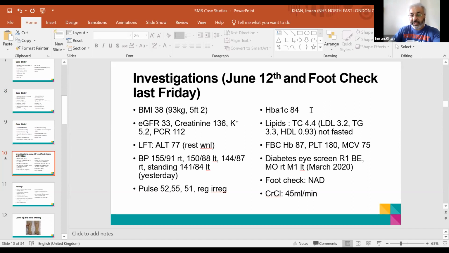If they're not rotating the sites adequately, you get little lumps. So when you inject into the lump, the insulin doesn't come out properly. It can come out too quickly, it can come out slowly. So her levels may be all over the place. So we need to check for lumps on the tummy, if that's where they're injecting, or the thigh, if that's where they're injecting. That's very fundamental for every diabetes check.